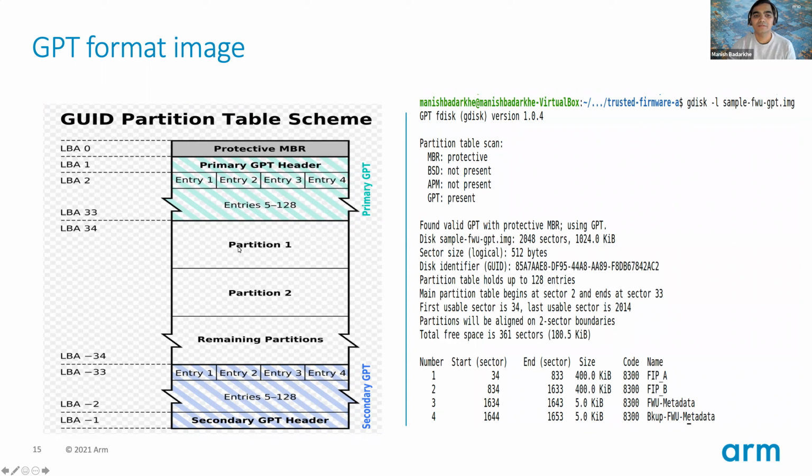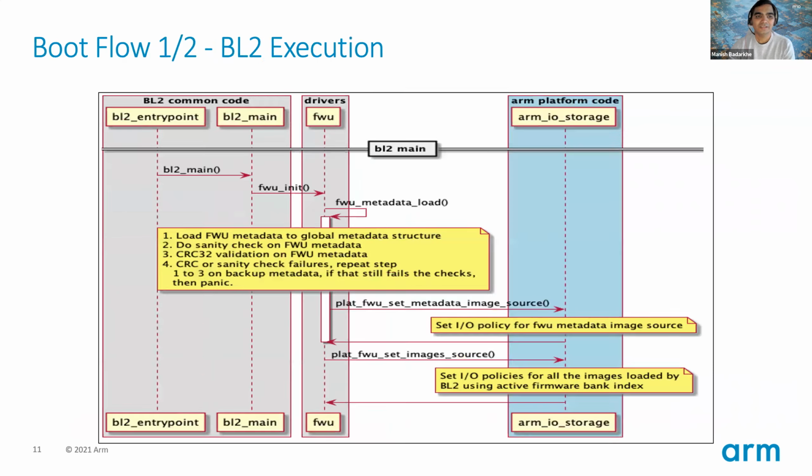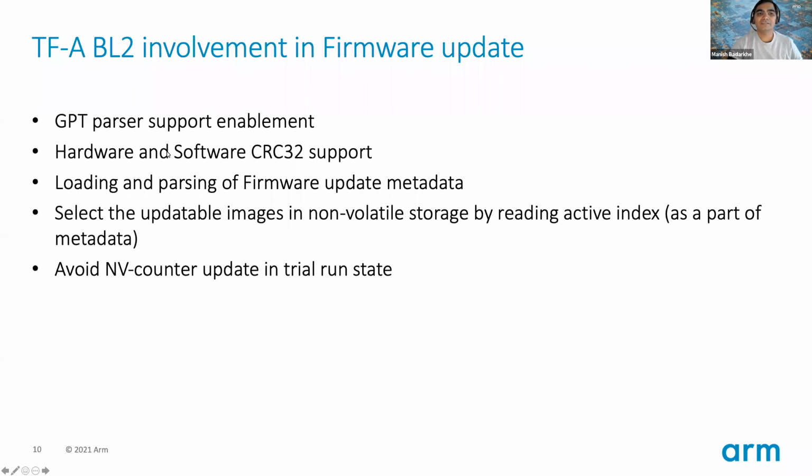We can have the UID of every image, and this UID will be used by the parser to grab the images. So this GPT parser support is enabled in the TFA bootloader to grab the images present in that GPT image.